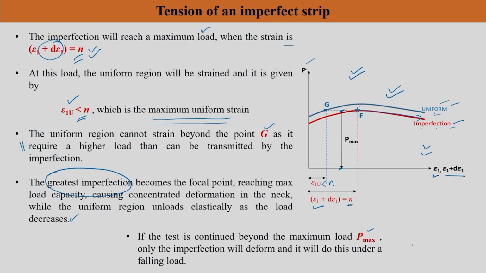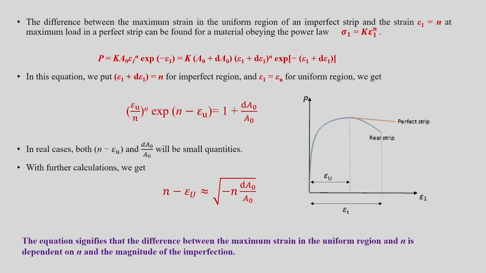Now the question is: the difference between the maximum strain in the uniform region of an imperfect strip and the strain epsilon 1 n at the maximum load in a perfect strip can be found by following the material law, sigma is equal to k epsilon power n. For that we are going to use our previous equation, P is equal to k a naught epsilon 1 power n exponential minus epsilon 1.